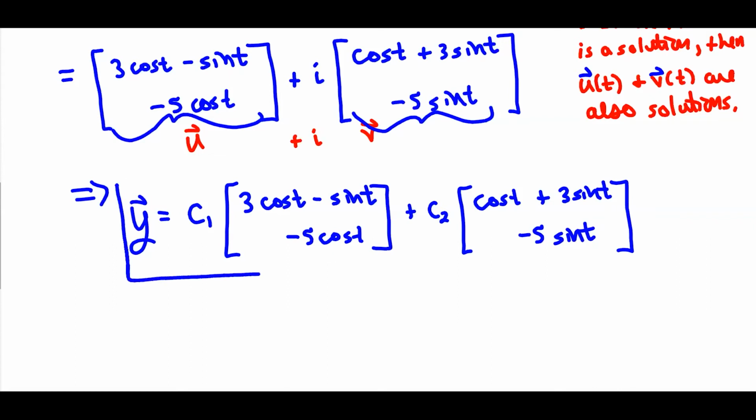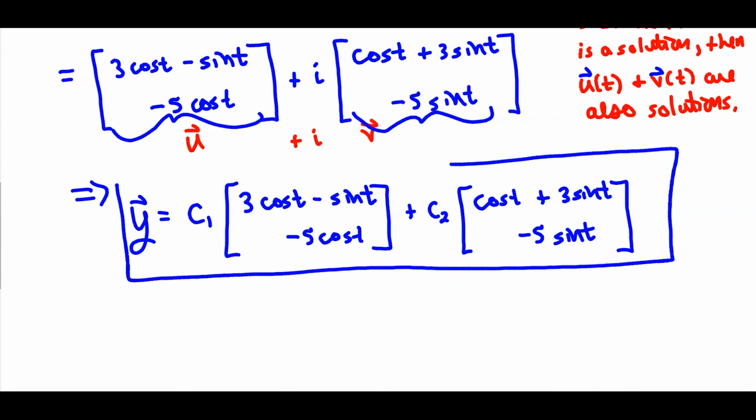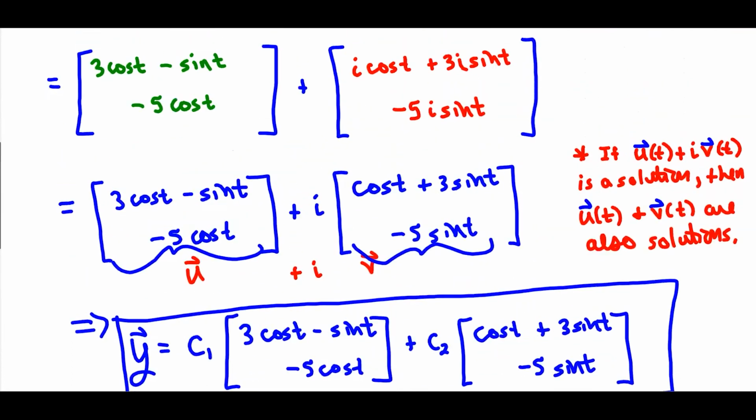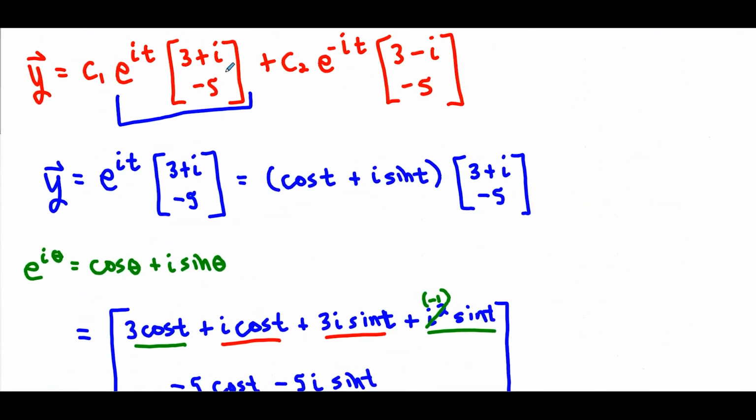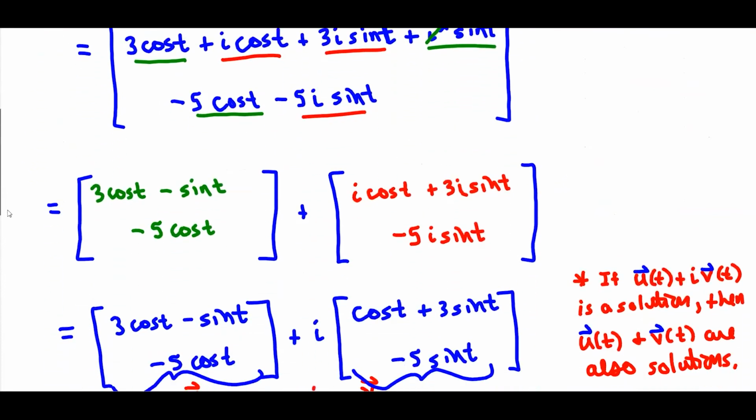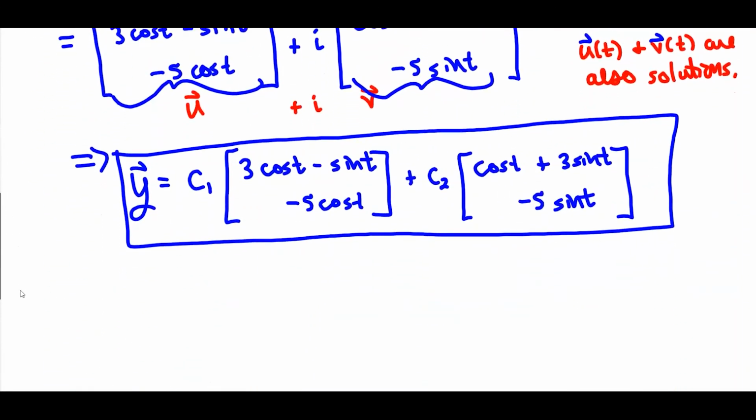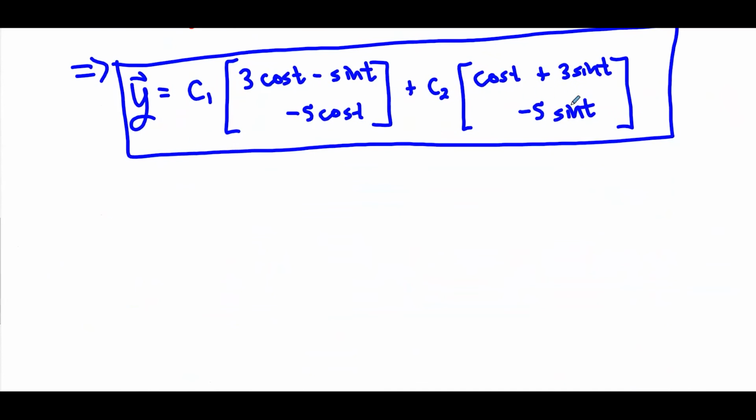And that is our new general solution. And notice that there's no i. We got rid of the i. And I only used this first eigenvector eigenvalue combination here, and I was able to split it into two separate solutions that were independent from each other, and that gives me an easy way to get rid of those imaginary numbers and an easy way to get my solutions.